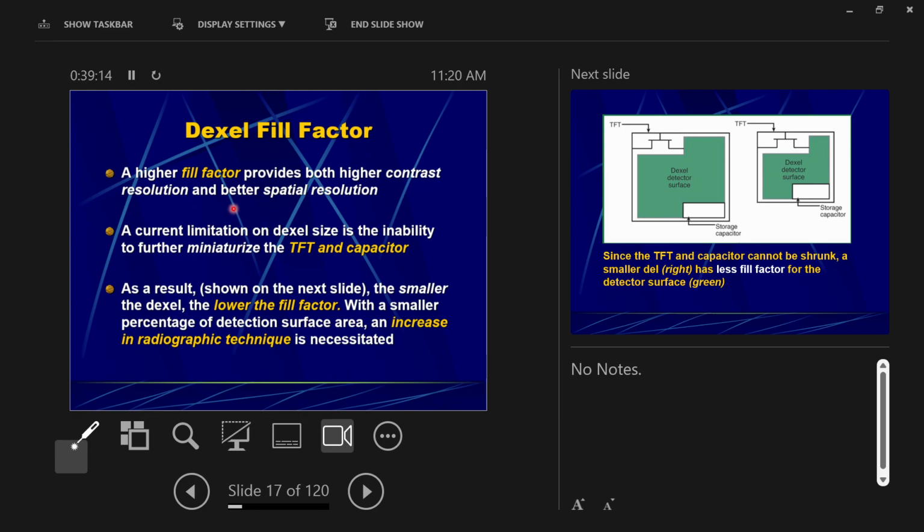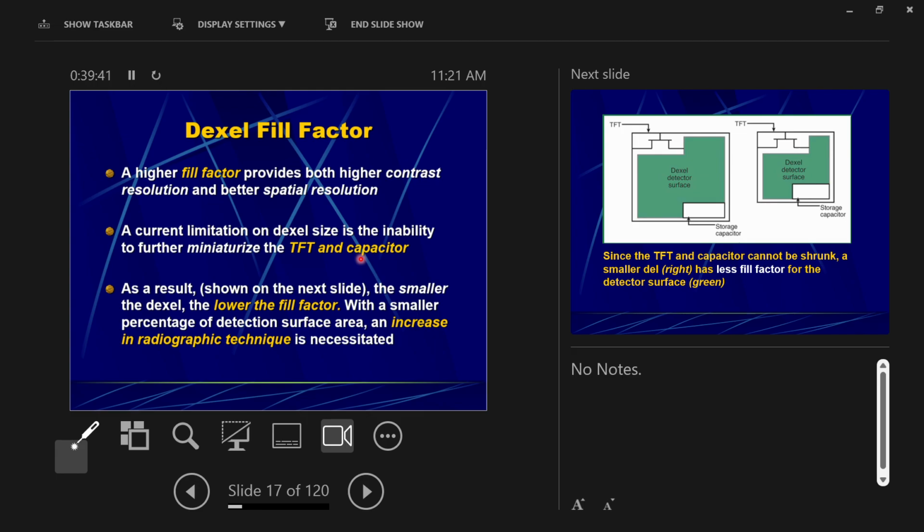However, you can make the detector smaller. The Dexel can be physically smaller. There's no necessary physical limit to the size of the detector, except the actual hardware components: the switch, the thin film transistor, and the battery. At this point, they cannot be miniaturized further, so they're fixed in their size.